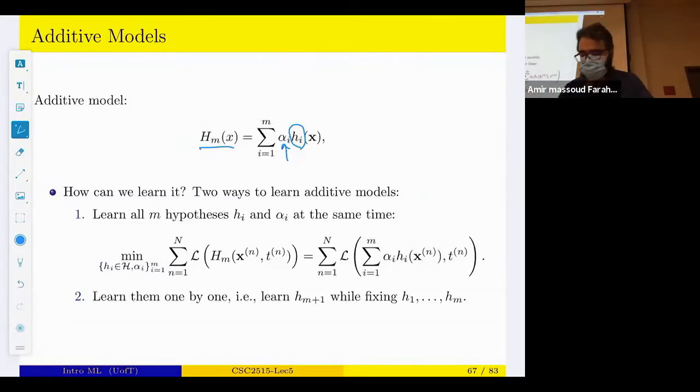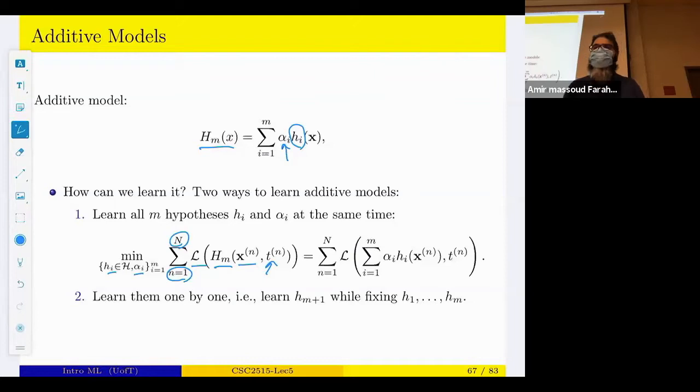As usual, we have some loss function. We consider H_M, compute its output at x_n, compare it with the true target t_n for all n data points that we have, and then minimize over all h_i's and all alpha_i's, so M hypotheses and M coefficients.